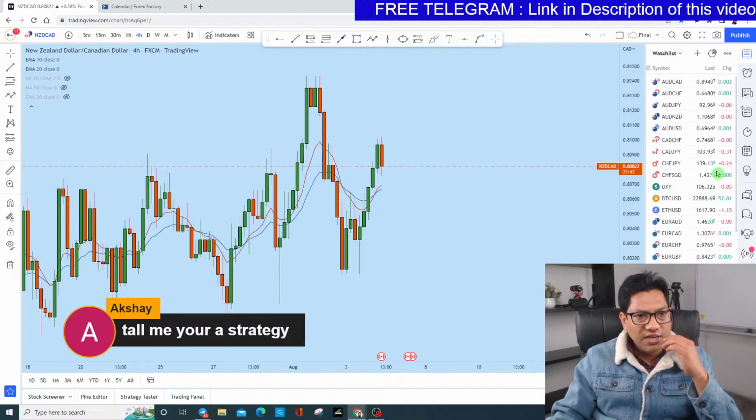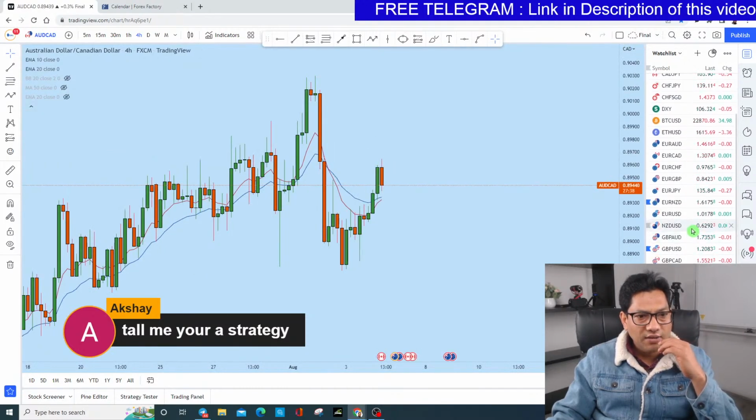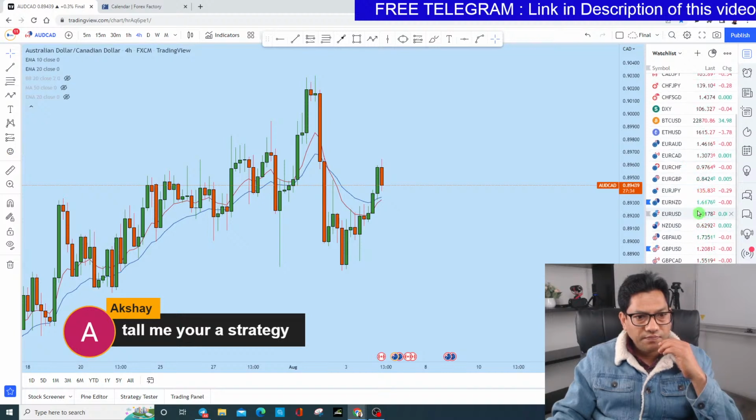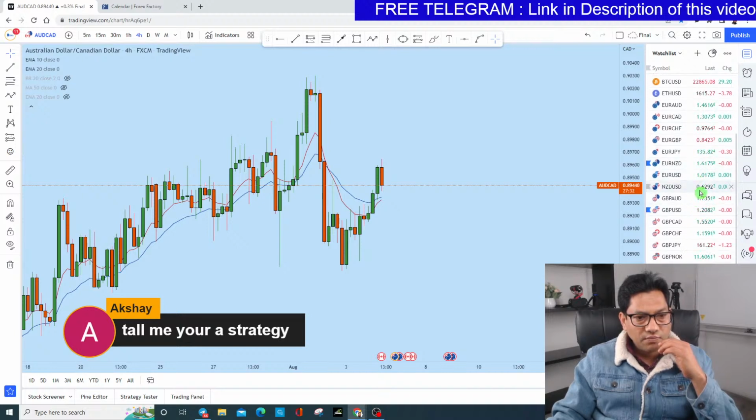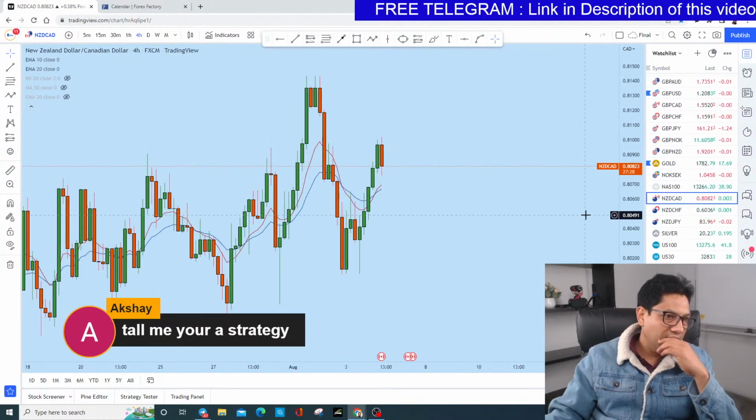NZD CAD, AUD CAD: CAD is getting stronger, and AUD CAD and NZD CAD are showing bearish price action. See, this is NZD CAD.